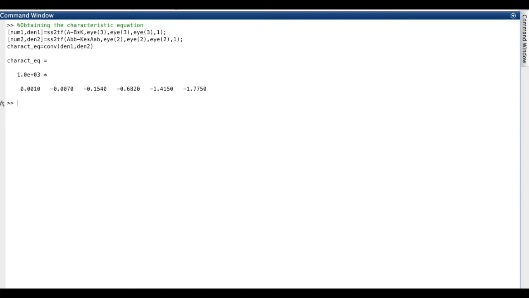For the first system, it's using the K that we defined in the first step, and for the second system, using the KE. By multiplying these two denominators, the characteristic equation for the whole system will be defined by these coefficients, which is of order 5.